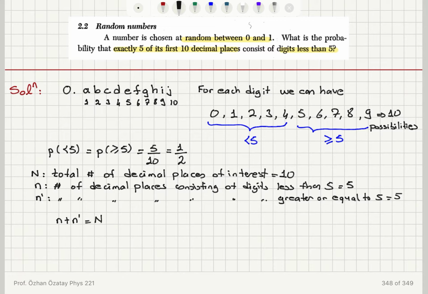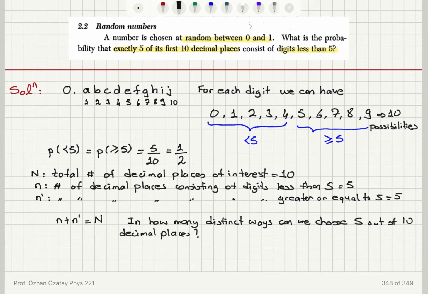So what is the probability of having exactly 5 out of 10 decimal places consisting of digits less than 5? Well, first of all, I have to choose 5 out of 10 decimal places. So in how many distinct ways can we choose 5 out of 10 decimal places?